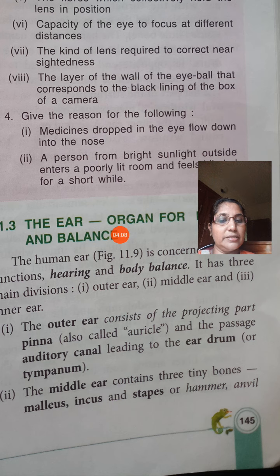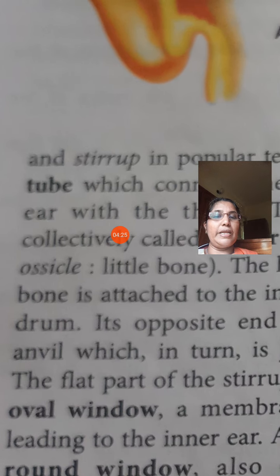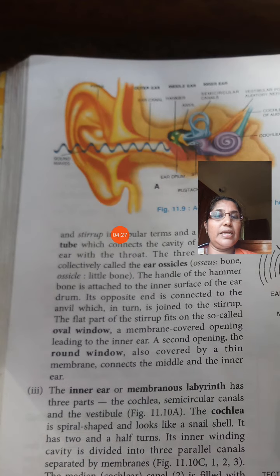They are the scientific names. Then hammer, anvil and stirrup are the other names. You can see the spelling of stirrup. These are the three bones of the ear ossicle.